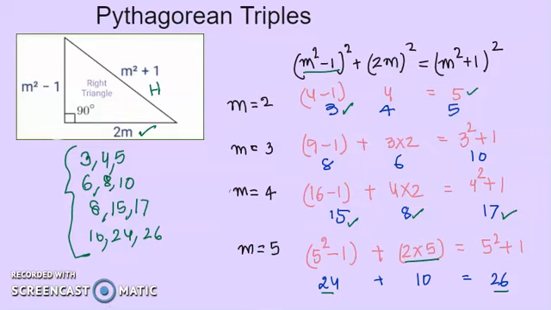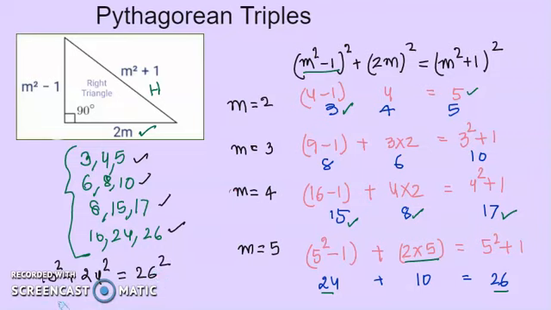Now let us quickly check the numbers that we have formed using this formula, (m square minus 1) whole square plus (2m) whole square equal to (m square plus 1) whole square. So are these numbers following the Pythagorean theorem? 10 square plus 24 square should be equal to 26 whole square.